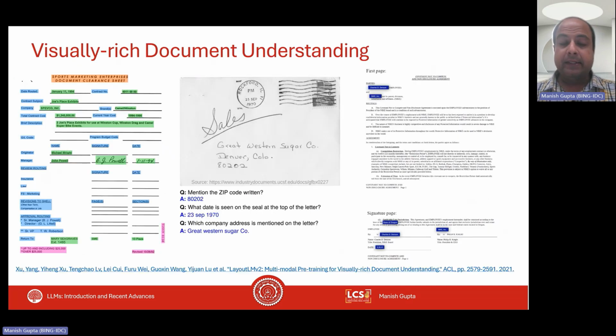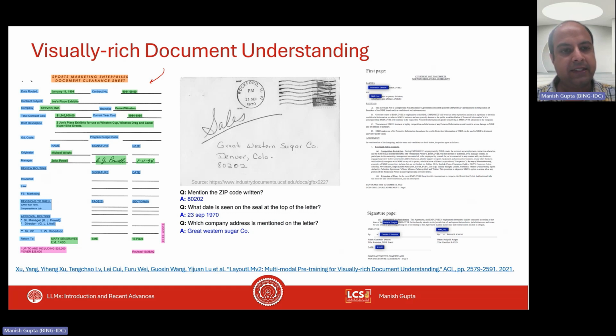Now, similar kinds of models have also been trained and used for document understanding, visually rich document understanding. These are scans of various kinds of documents. For example, what you see here is some sort of key-value pairs highlighted in this clearance sheet, but you could also have scans of invoices and so on.